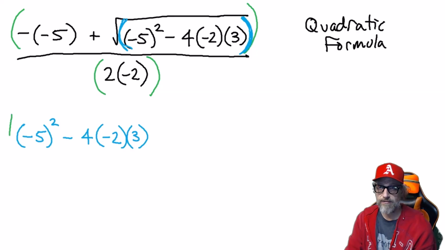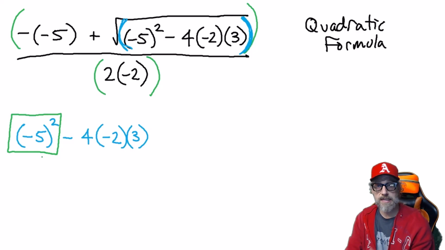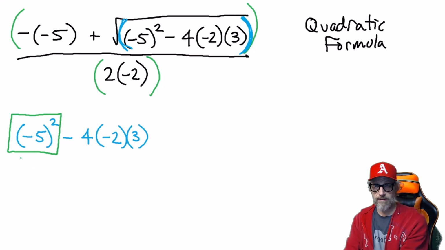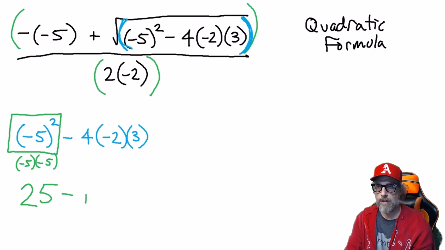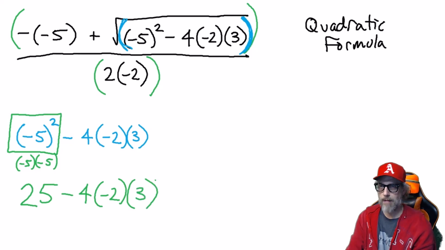There's a negative 5 in parentheses with the exponent outside of the parentheses to indicate it's a negative 5 times another negative 5. So negative times negative would make a positive 25. Let's just do a little recopying. I want to make sure I'm doing this problem accurately.